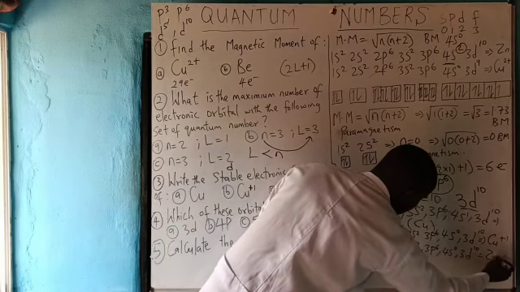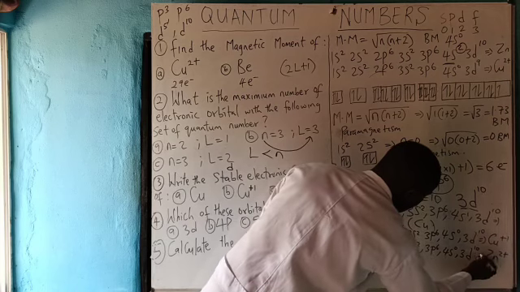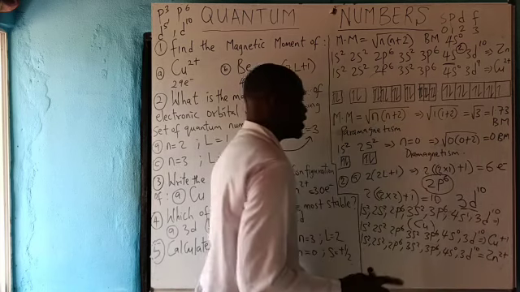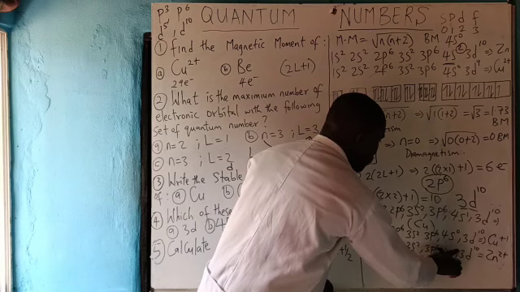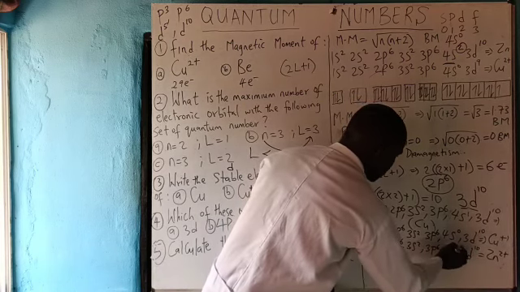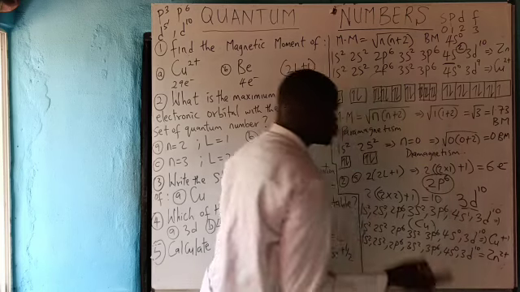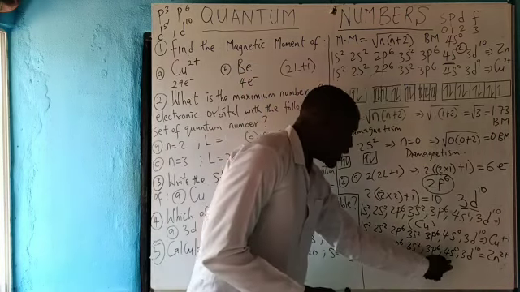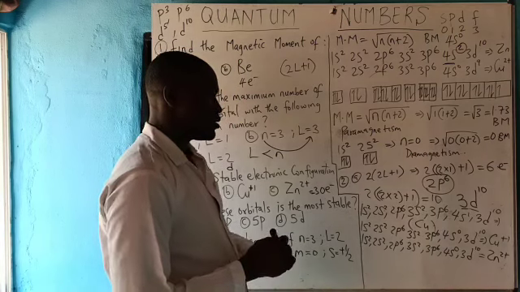That is for zinc 2 plus. It means that it lost the 2 electrons that were meant to be at the 4s orbital.